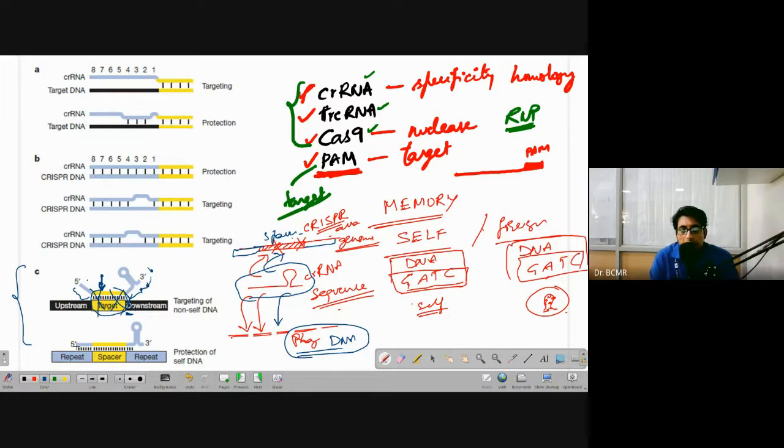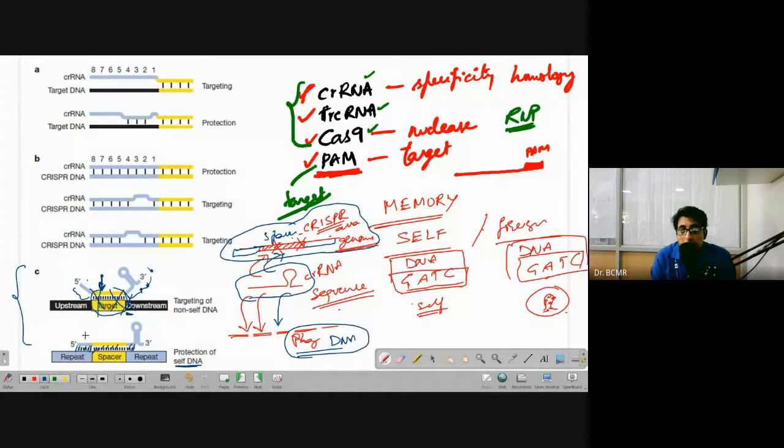Now I'm talking about the CRISPR array. How is the CRISPR spacer in the CRISPR array protected? In that case, the repeat will have base pairing here, the spacer will have base pairing, and the repeat here also will have some base pairing, which means this will only happen if it is self DNA.